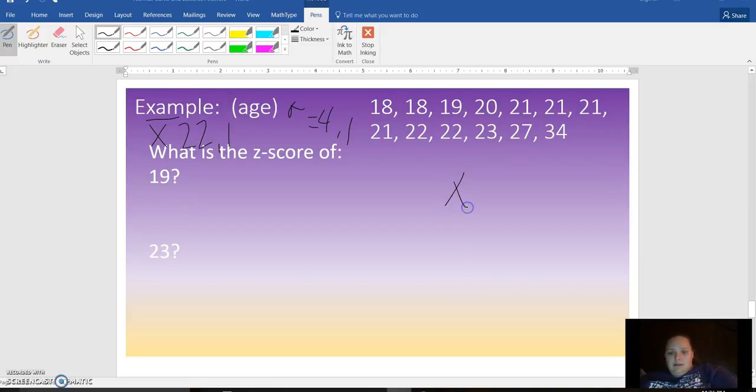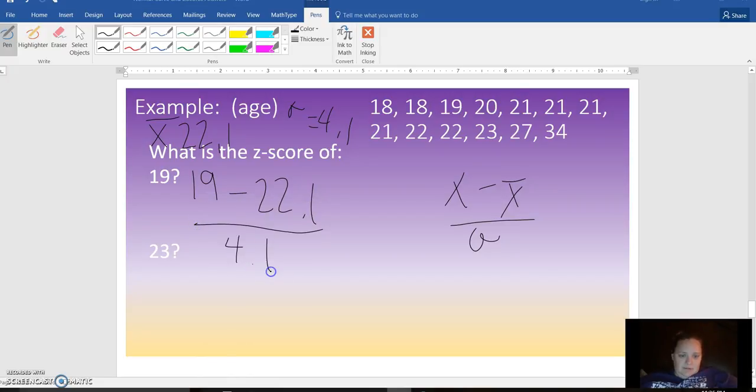All right, x minus x-bar over standard deviation. Okay, so we're going to do 19 minus the mean over standard deviation. 18 minus 22.1, negative 3.1 over 4.1. Alright, I get a negative 0.8.